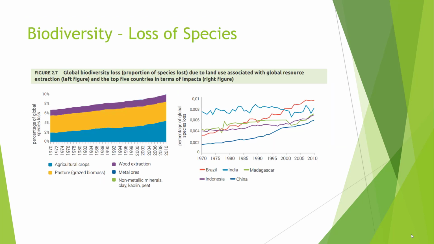Biodiversity is a proportion of species lost due to land use associated with global resource extraction, and the top 5 countries of impact on the right. So as you see, agricultural crops are increasing, which is good for food production, but we're losing land to agricultural areas, which means if you think about this in very broad terms, Brazil is deforesting rainforests to provide land for crops to grow food.